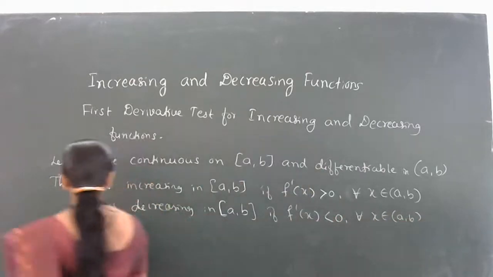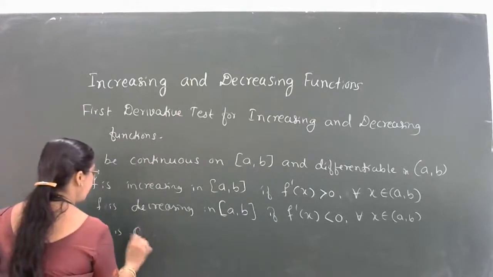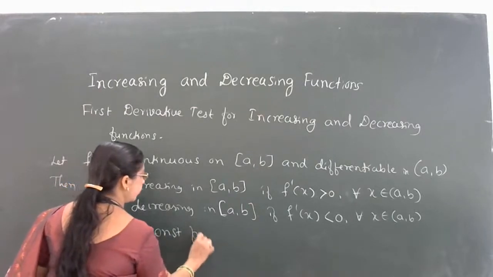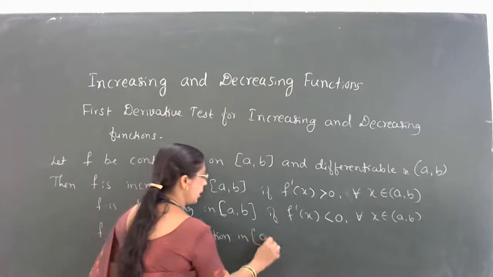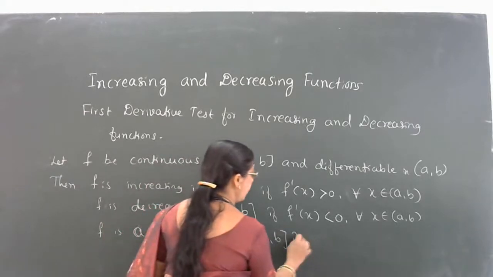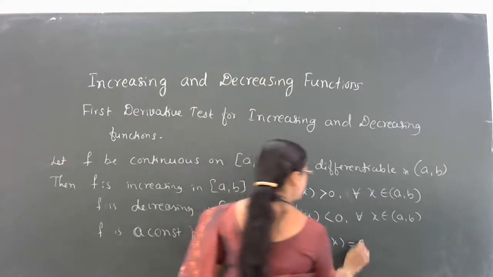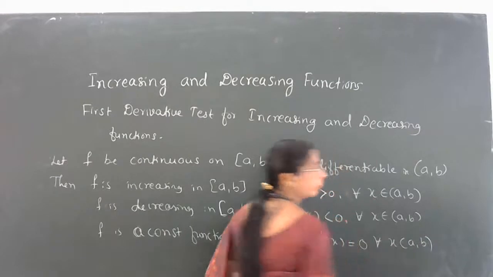Then next, f is said to be a constant function in the closed interval [a, b] if f dash x is equal to 0 for all x belongs to [a, b].